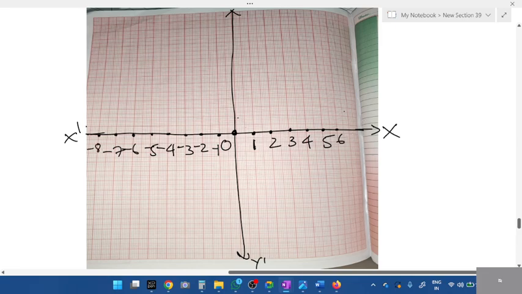Next, on the top, same: each box is 1 centimeter. 1, 2, 3, 4, 5, 6. And again below it should be minus 1, minus 2, minus 3.